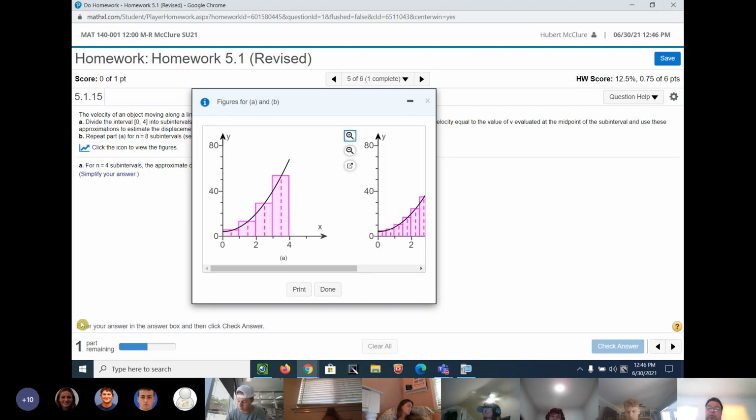And we've got 4 intervals based on the midpoints. And that is 1, 2, 3, 4.